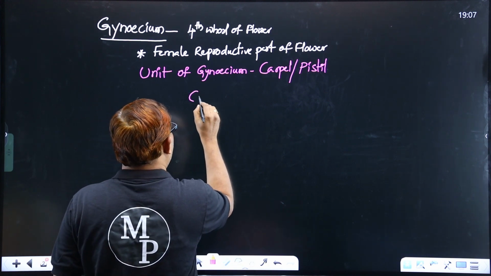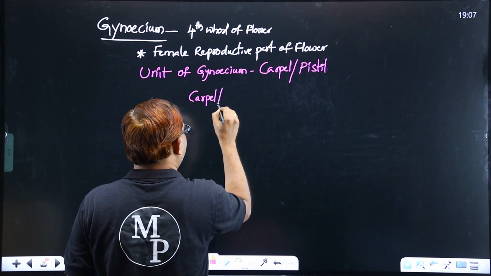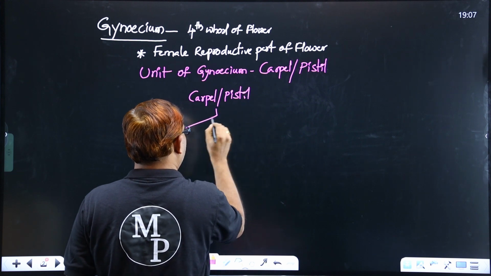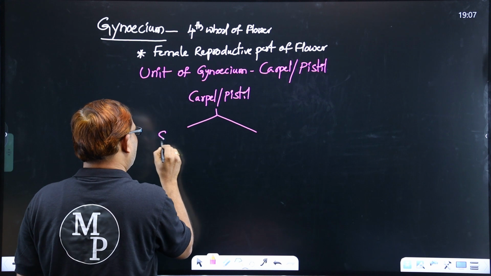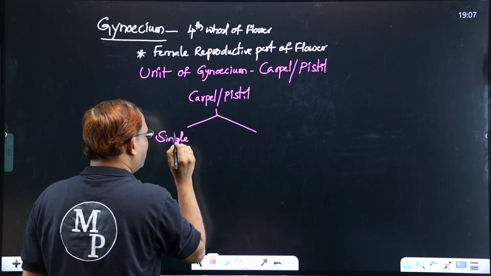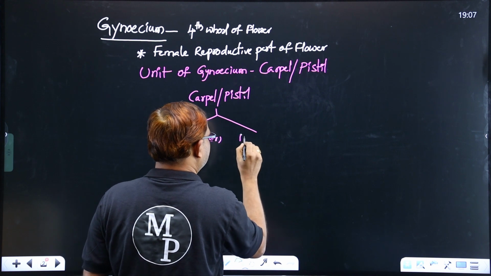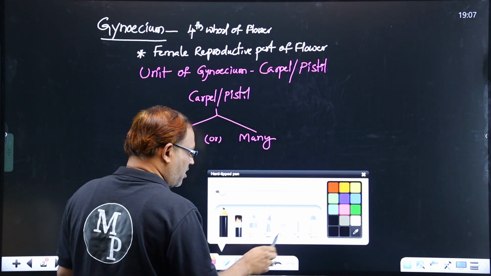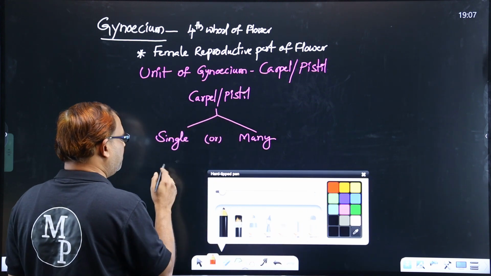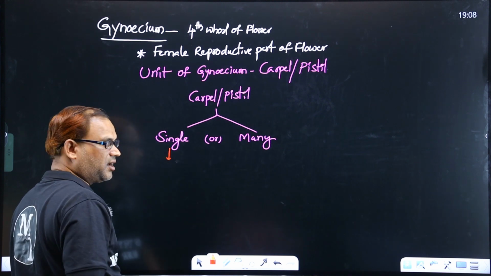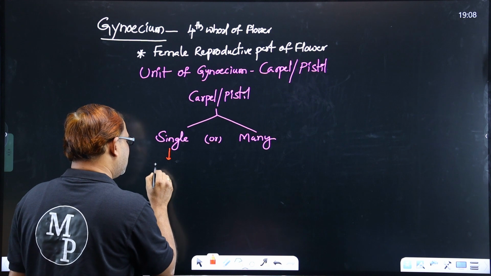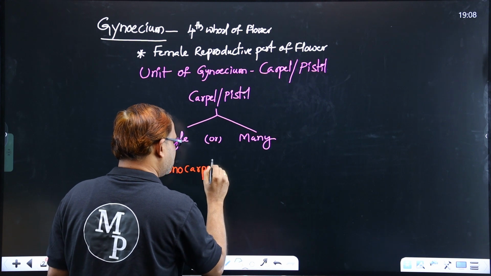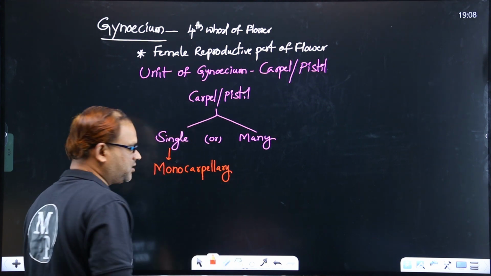Carpel or pistil may be single or many. When carpels are single, the name is called monocarpellary.